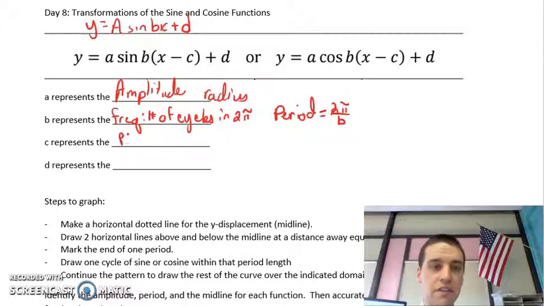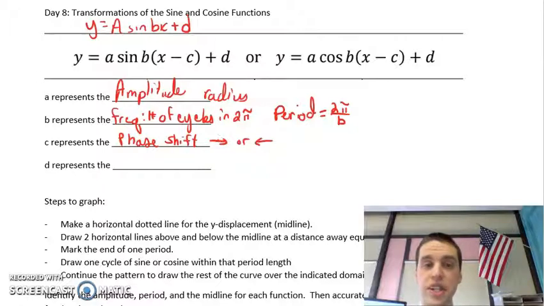C, we call the phase shift. That's whether it moves left or right. We're not going to talk about that a ton, but just so you guys know, if you ever see that, that's just shifted. The entire graph just shifted over left or right so many, whatever that would be, 2 pi over 2, whatever that is.